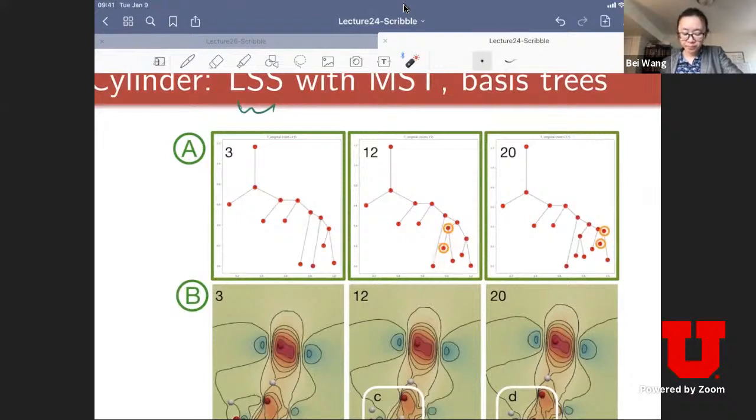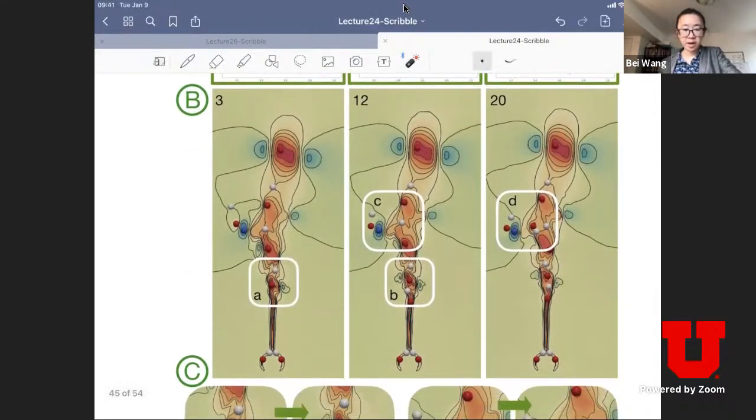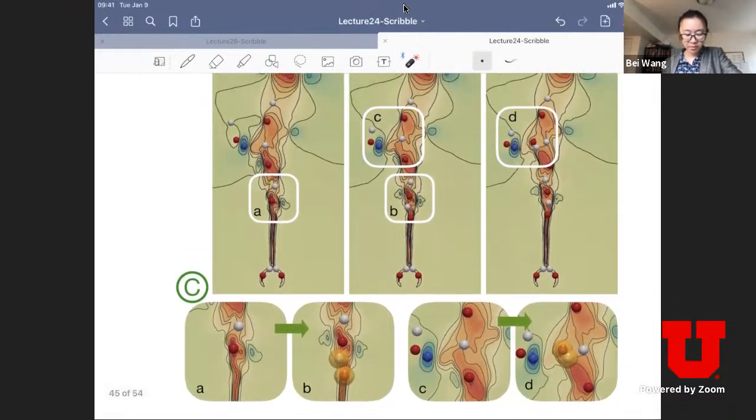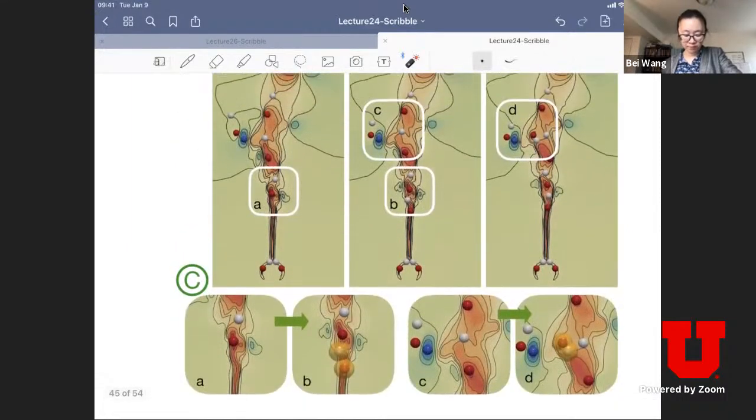And if you compare tree 12 to tree 20, which is another basis that we choose, again you see this addition of critical points. Correspondingly, we can also go back to the original input, and you can see exactly where those pairs of critical points appear and disappear. For example, going from tree 3 to tree 12, there is an appearance of critical points.